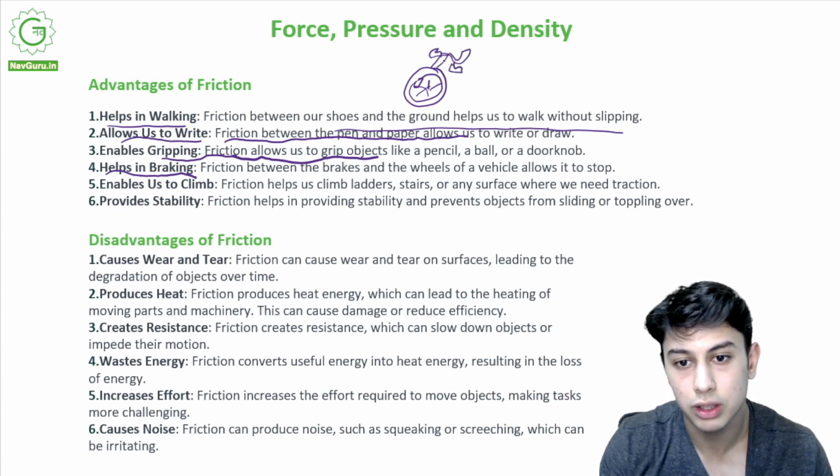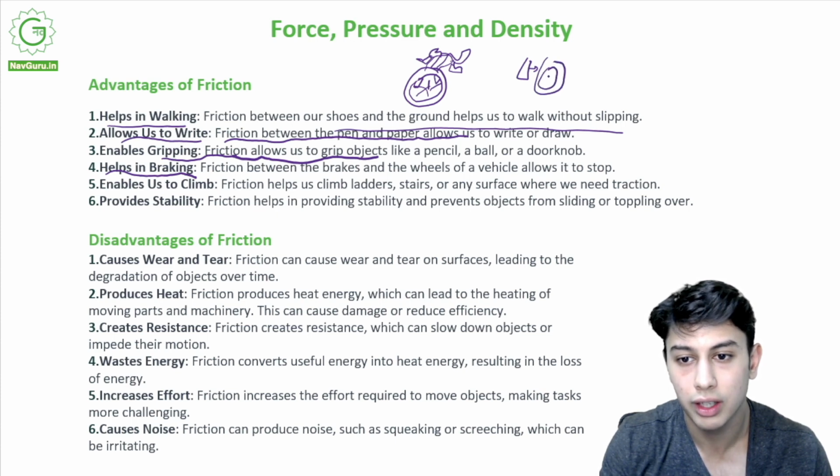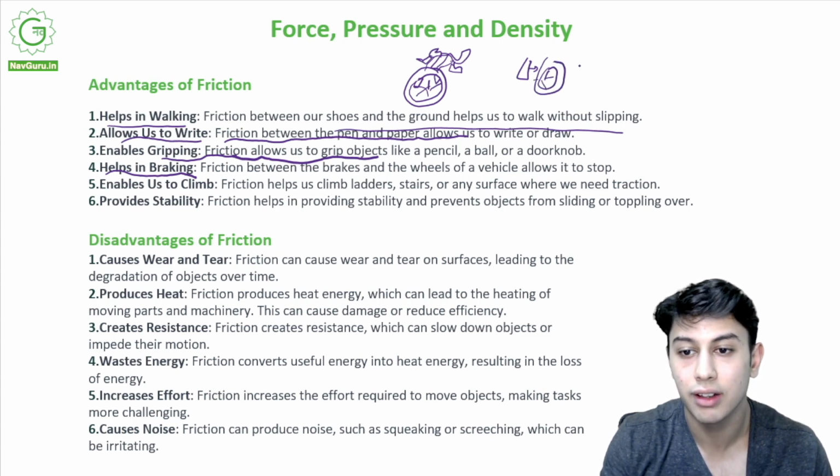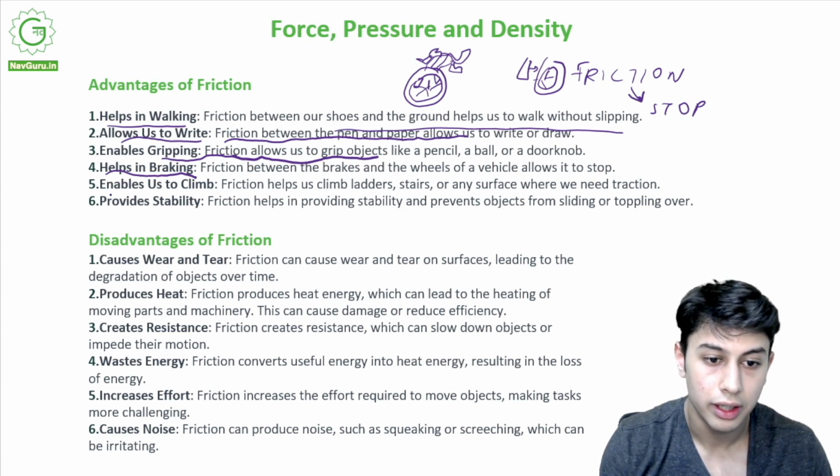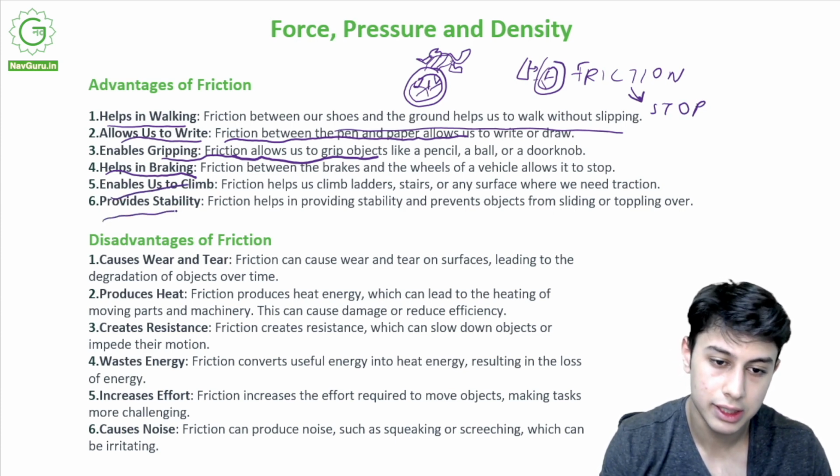Here you have brakes. When you press this, this is attached to wires and this will engage, the brake will come in contact with the wheel and it will create friction which will lead to stopping. It enables us to climb, it gives us stability.